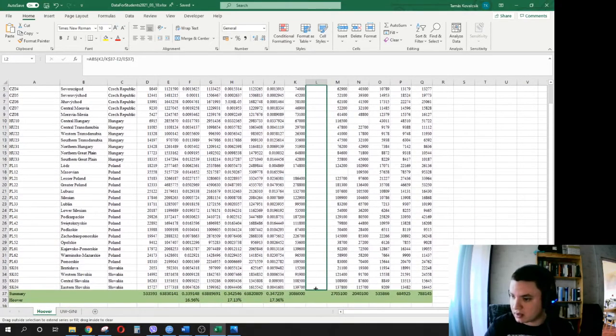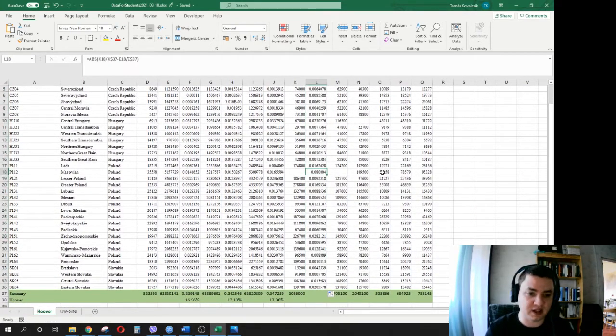Okay, and make the calculation, but we have to delete this number, because if you just make a calculation and miss this value, this is a difference between 0 unemployed people and 0 share of the unemployed people with this number of population.